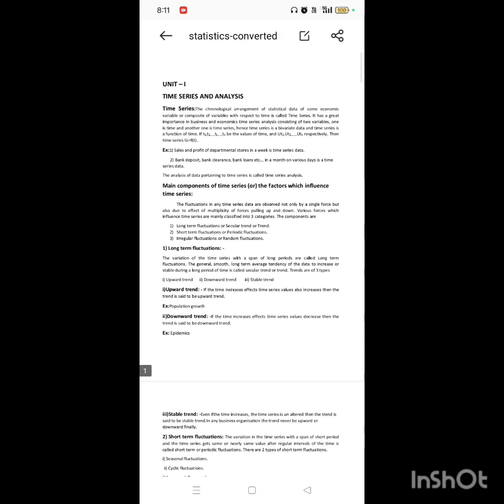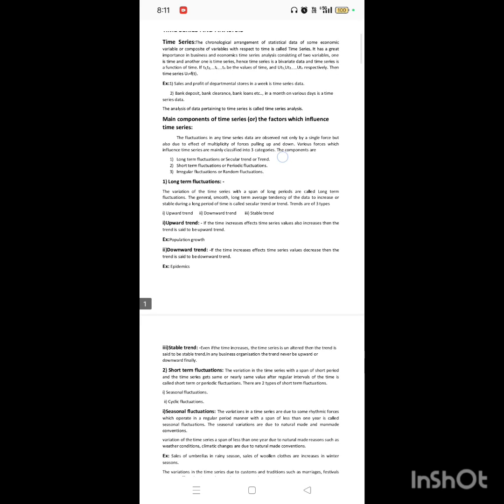The time series data can be easily understood if you know about the time series applications and where you are going to apply this time series in business. So what are the components of the time series?